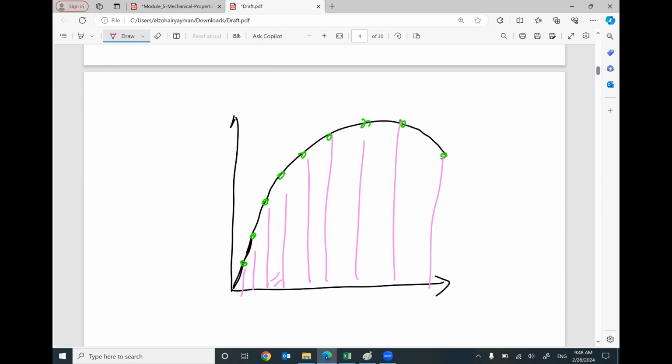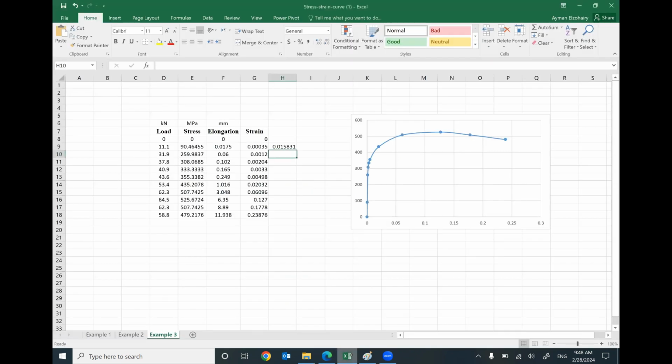For example, if you would like to figure out the area of this trapezoid, we have a value of stress here, a value of stress here, and an increment of strain. So the area of this strip will be sigma 1 plus sigma 2 divided by 2 times the strain increment. I will repeat this for each strip. This is what I did. I did it for the first strip, then double clicked to repeat it in the next strips.